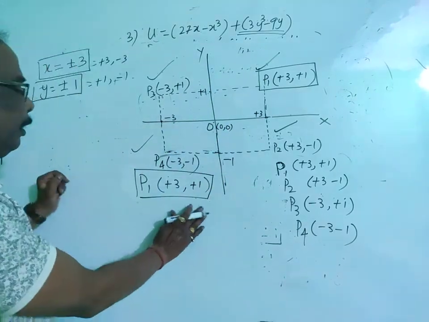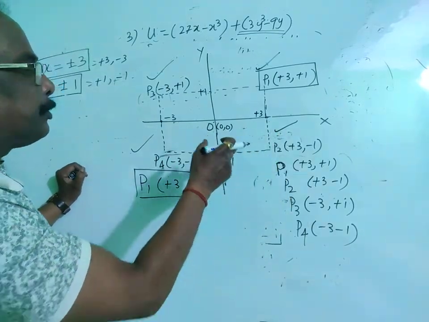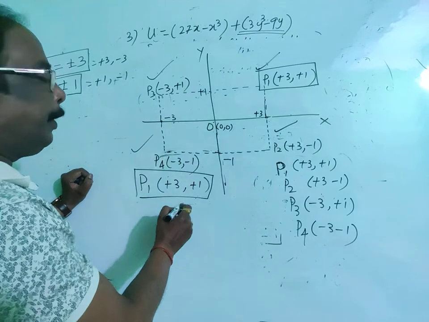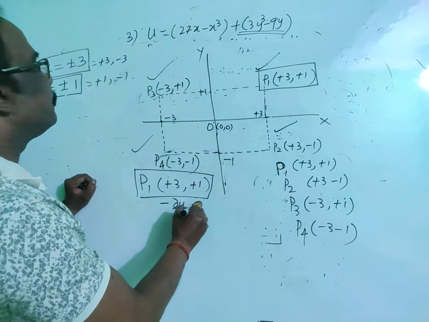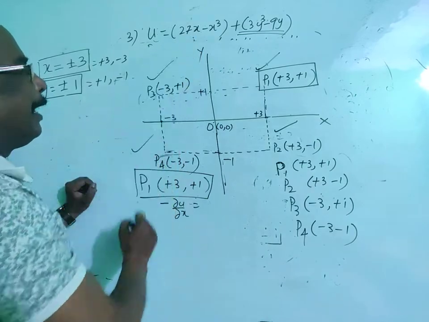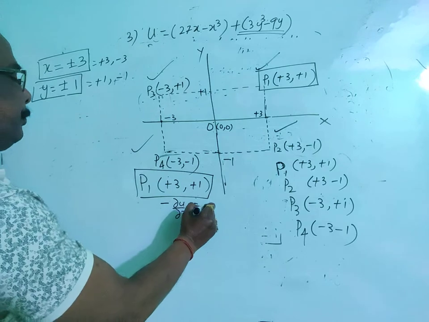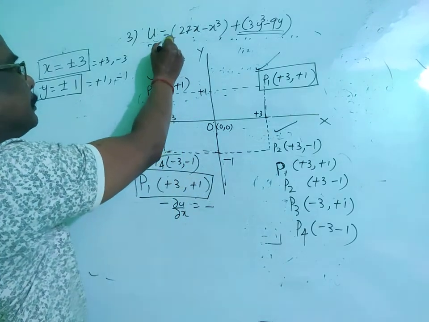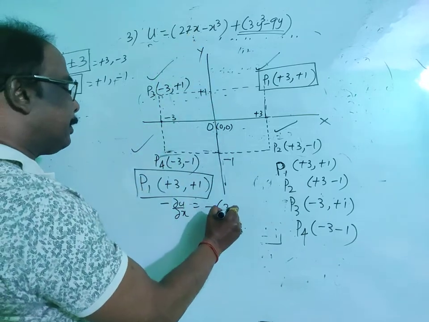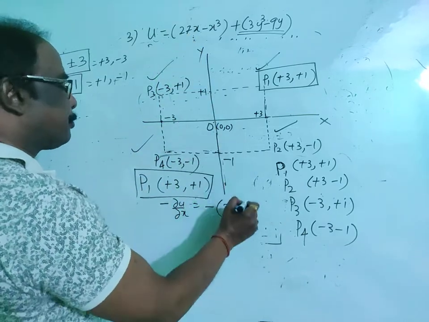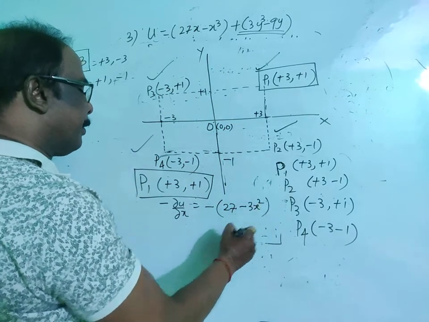On the x-axis, we know minus du by dx is minus 27x, differentiation of 27x is 27, minus differentiation of x cube is 3x square.